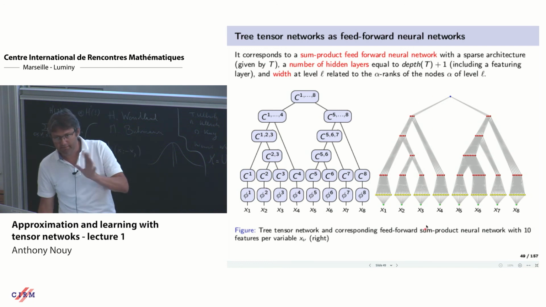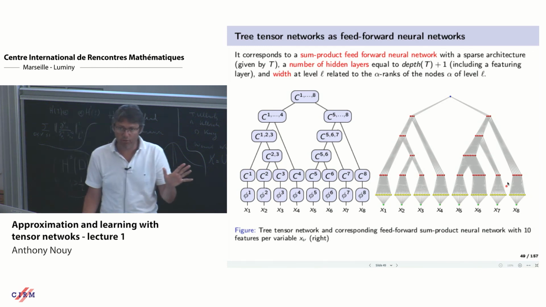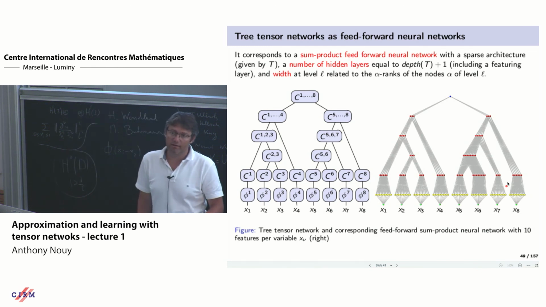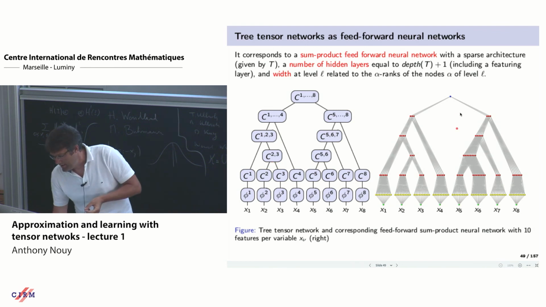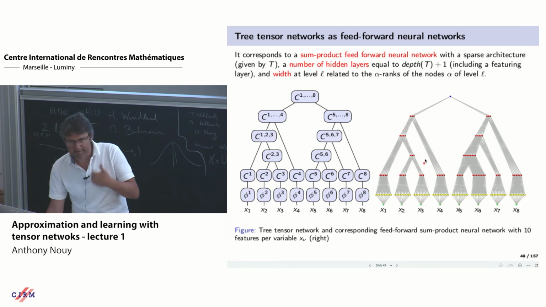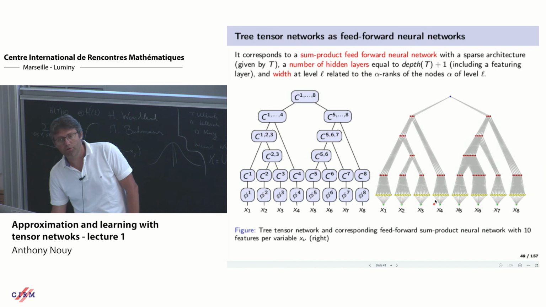Here it is determined by the tree, and the width of a particular layer is the sum of the ranks associated with your tree. So you control all the widths of your neural network with this construction. An element of these tensor formats with a given rank R is a neural network where you can say what the bounds are for the width of all the layers.